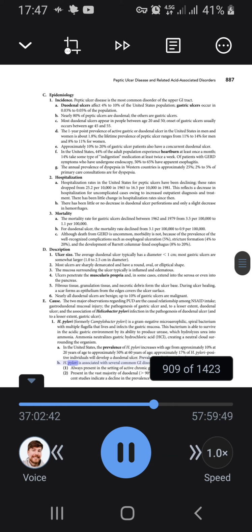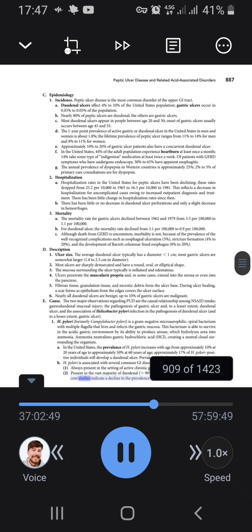B. H. pylori is associated with several common GI disorders. 1. Always present in the setting of active chronic gastritis. 2. Present in the vast majority of duodenal, 90%, and gastric, 60% to 90%, ulcers.